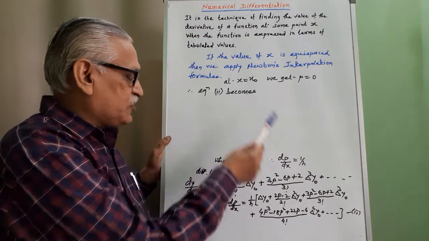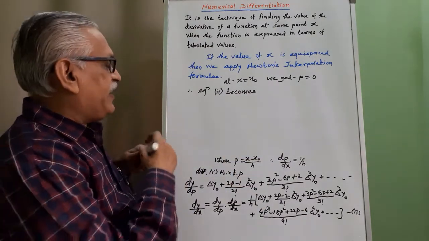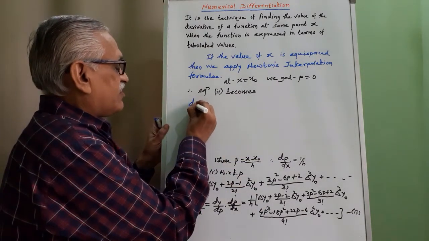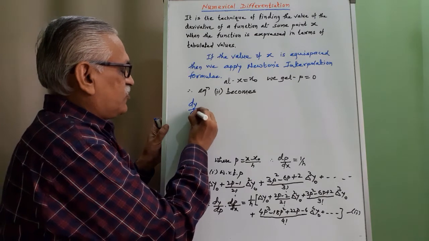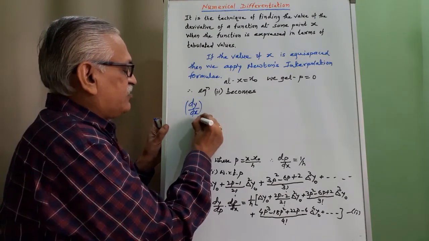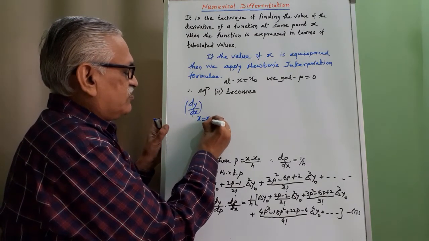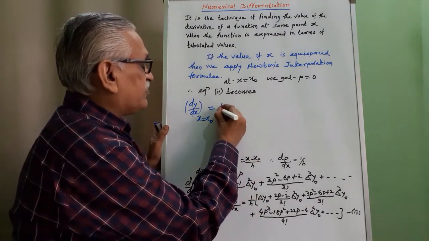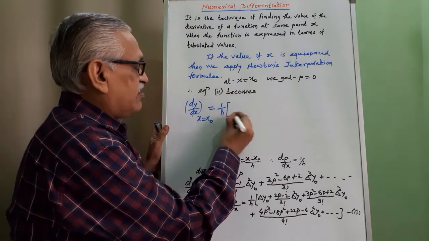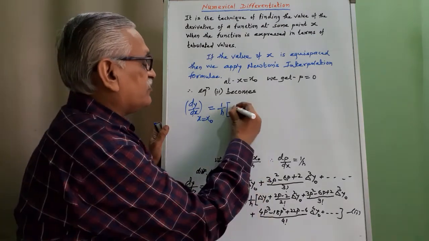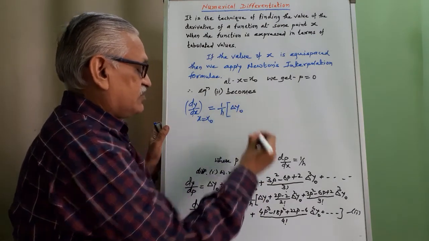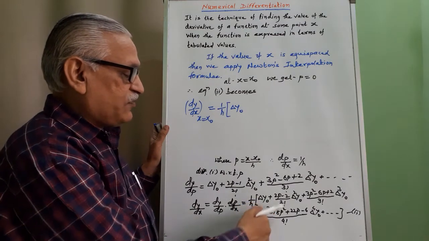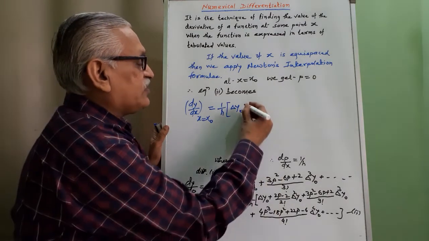And if p becomes 0, dy by dx, the first order derivative at x is equal to x0, becomes 1 by h into delta y0. P becomes 0, therefore it is minus 1 by 2 factorial.